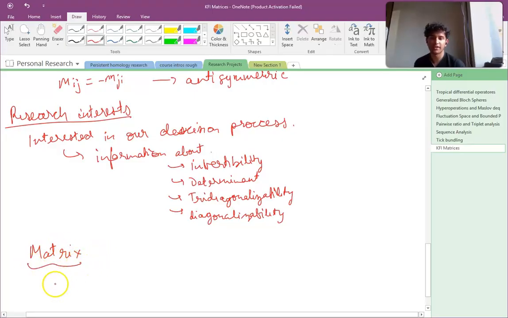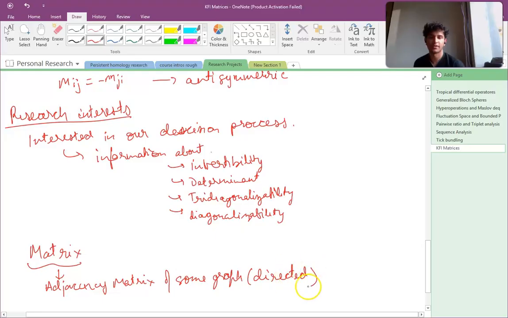and we pretend that this is an adjacency matrix of some probably directed graph. And we want to use this idea to take our matrix and convert it into a graph.